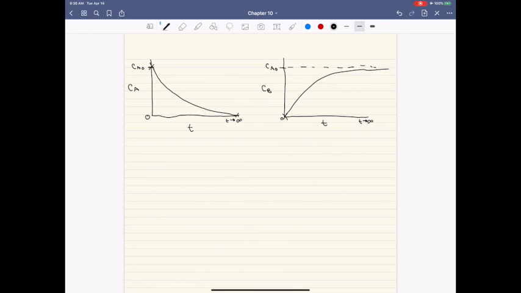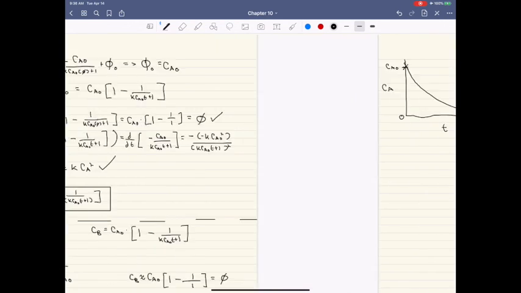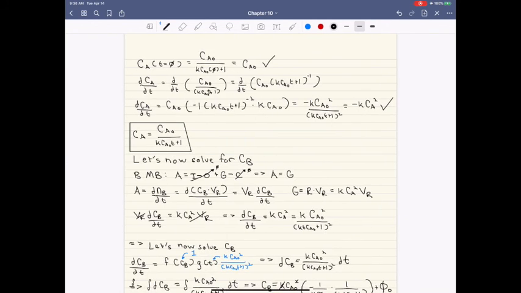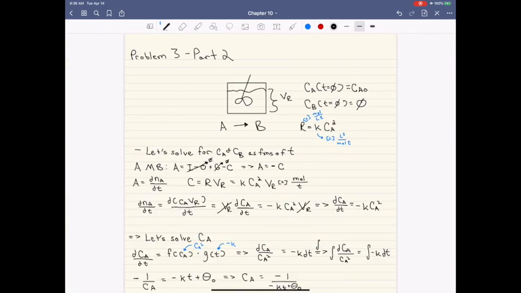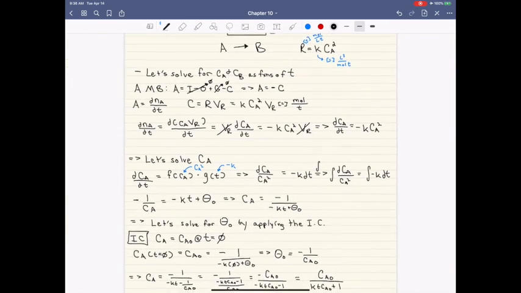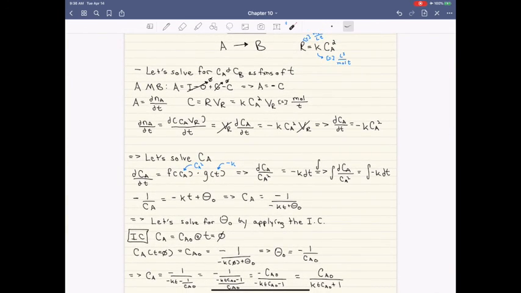One last thing I want to show you is, if you remember, at one point when we were deriving Ca, we had an equation that looked like this, where we had negative 1 over Ca is equal to negative kt plus theta naught. Right?